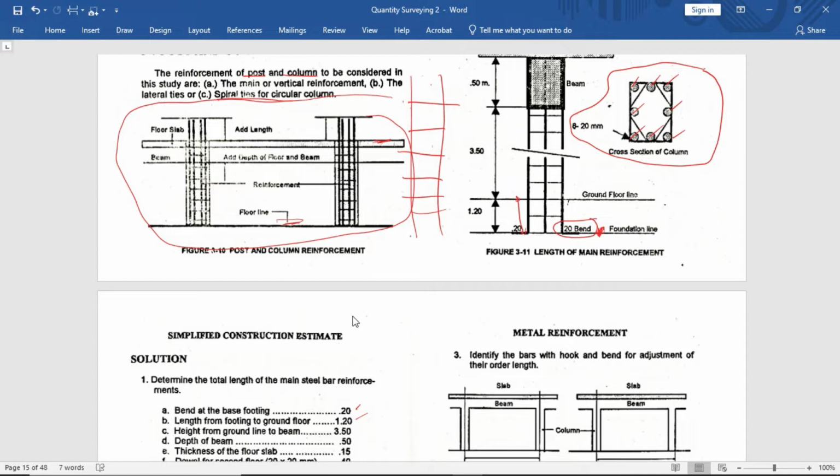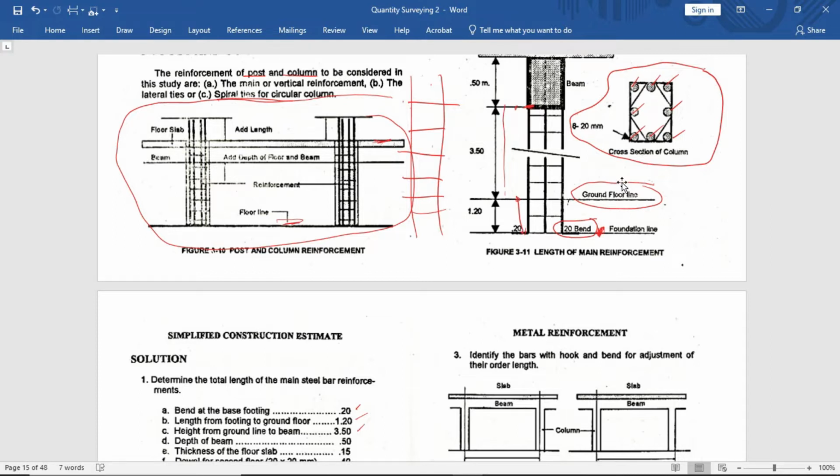After that, height from the ground floor line papuntang bottom of the beam. Bottom, kasi ito lang yung sa baba ng beam. So, 3.5. Nakuha na natin yan.